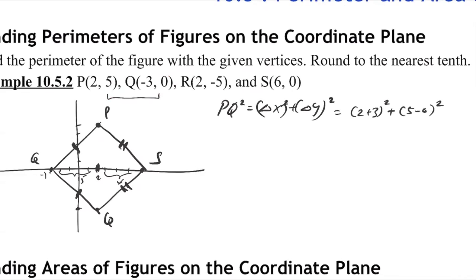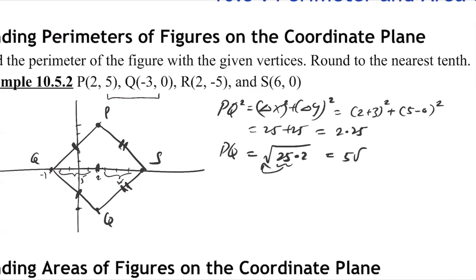So that's 25 plus 25. Twice the 25? There's a reason why I did that: when you square root PQ, like this, that perfect square pops out, to be 5 root 2. So if you're looking for that value only, that's what you would do, right?